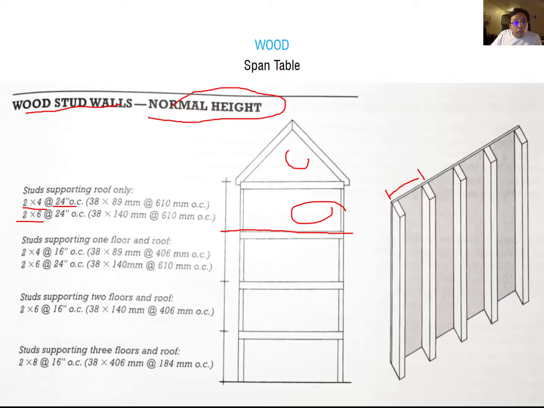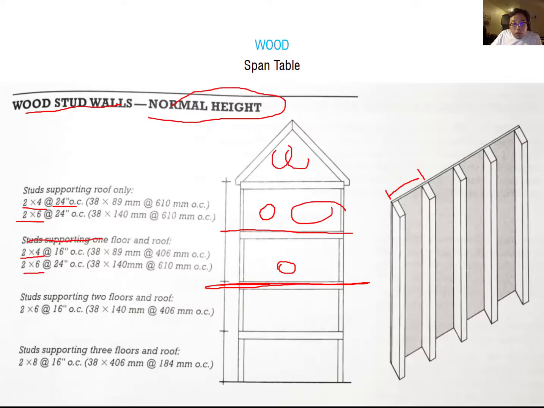But when your building has one floor and the roof, which is a two-story building, it means the bottom plate supports the second floor and the roof. In this case, you still consider using 2x4 and 2x6.